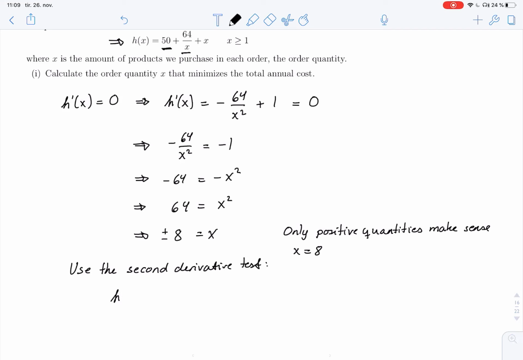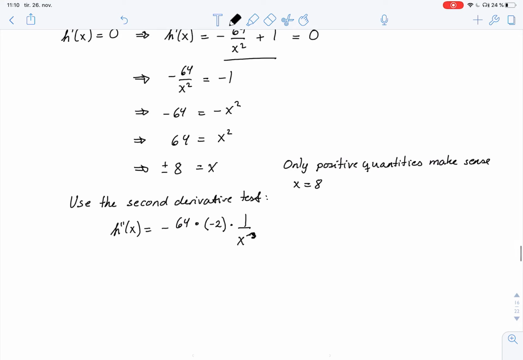So my second derivative, if I find the derivative of this expression here, I get minus 64 times minus 2, and then I need to reduce my x once more.